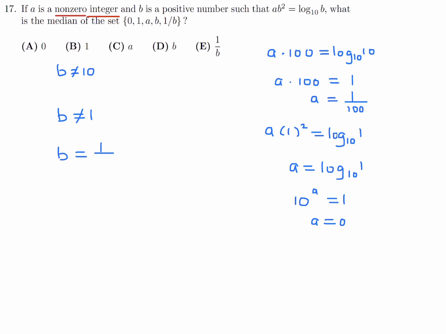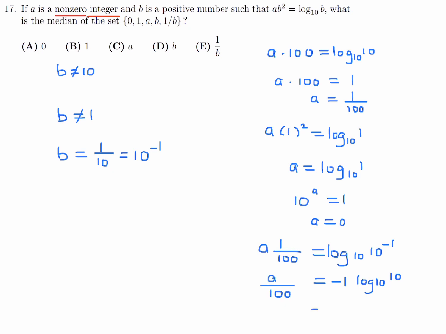How about 1 over 10, which basically would be 10 to the power of negative 1. See what we get. That would give me A times B squared, which would be A over 100, is equal to the log of B, which is 10 to the minus 1, to the base 10. This looks like negative 1 times the log of 10 to the base 10 is equal to A over 100.